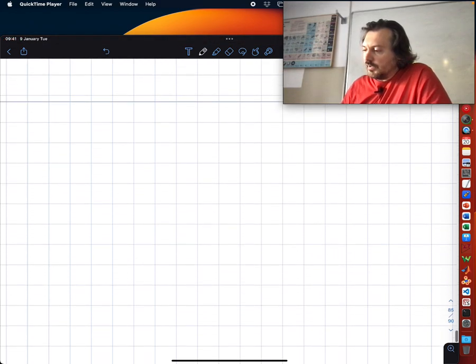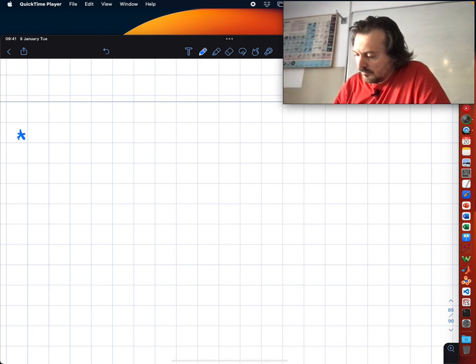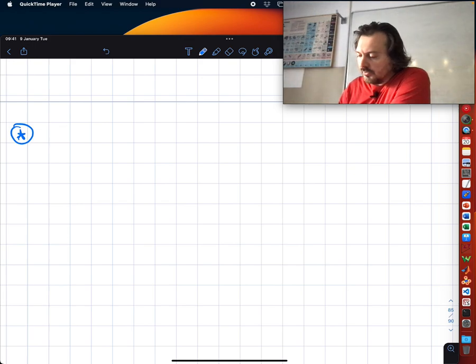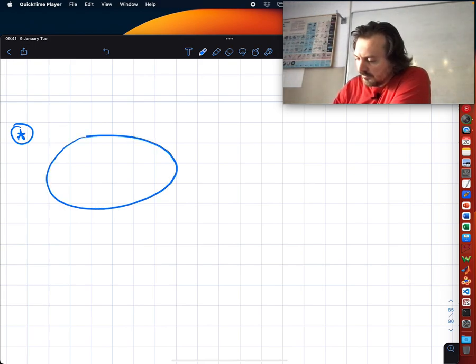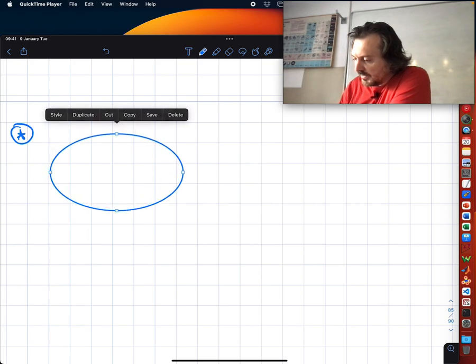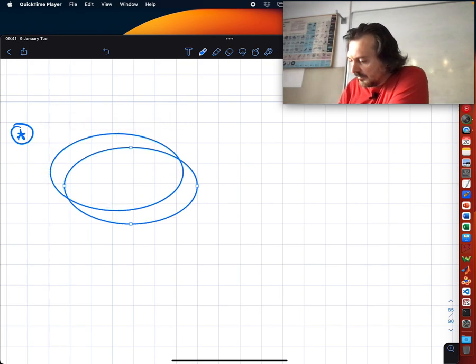So here's a question. I have an annulus like this. I have a disk, but it has a hole in it.